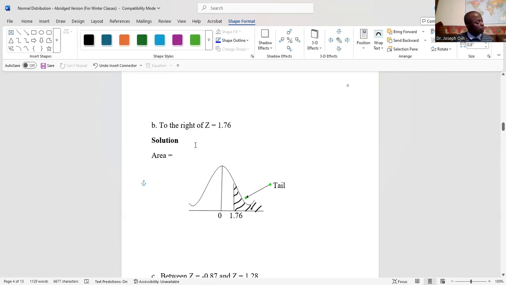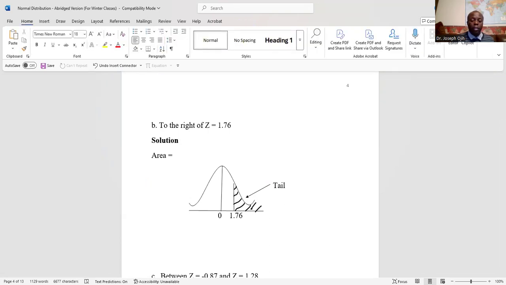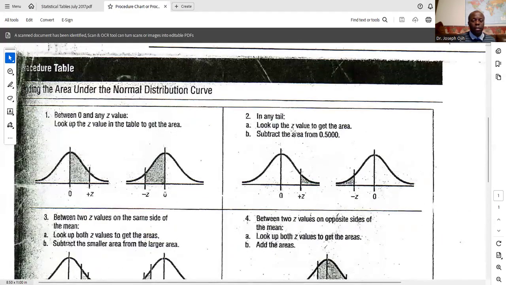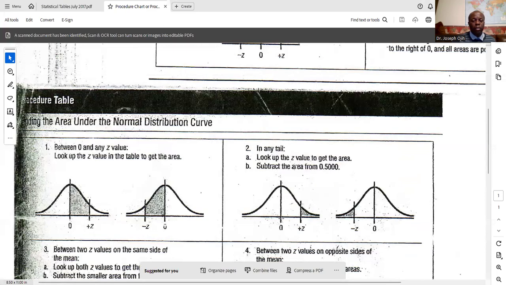We go and look for the chart that looks like this one in the procedure chart. You can see it right here. That's the one that looks like that.